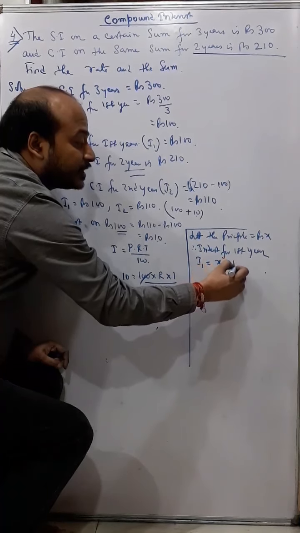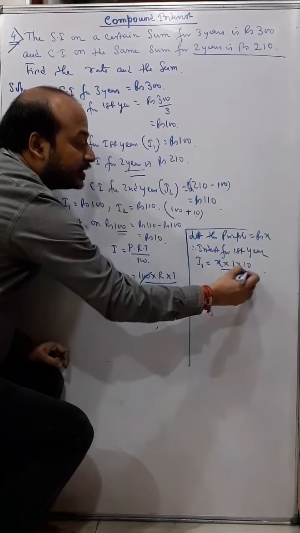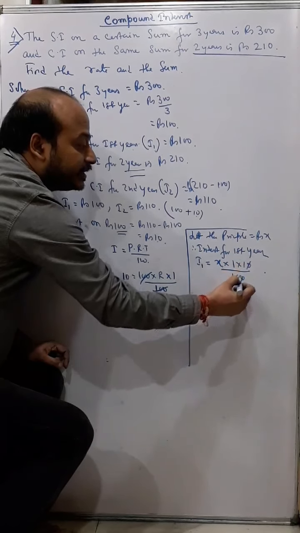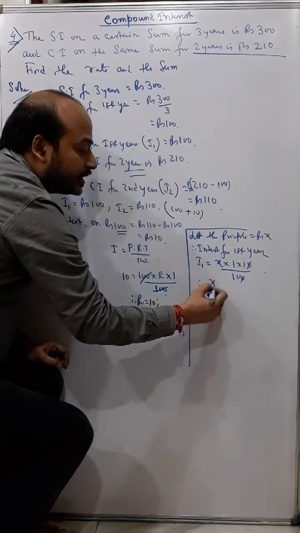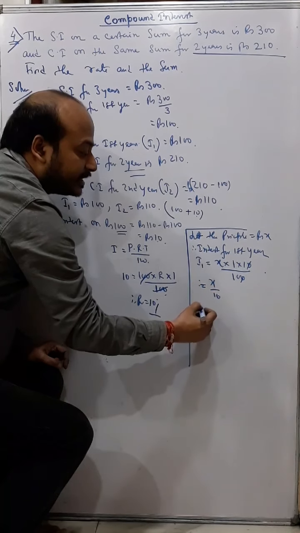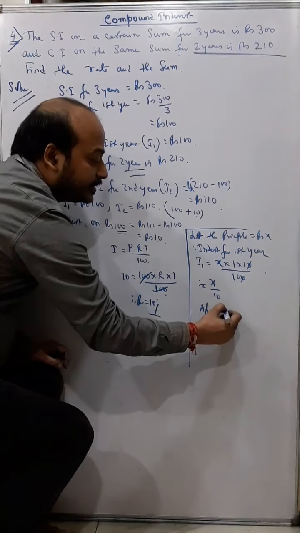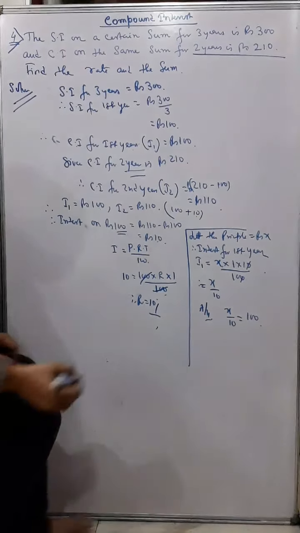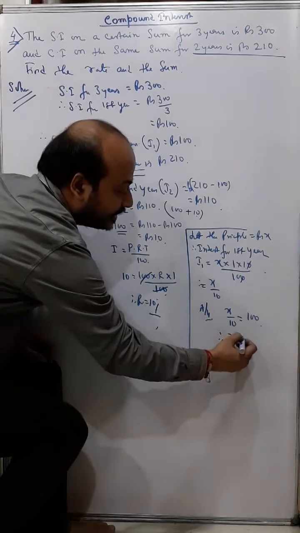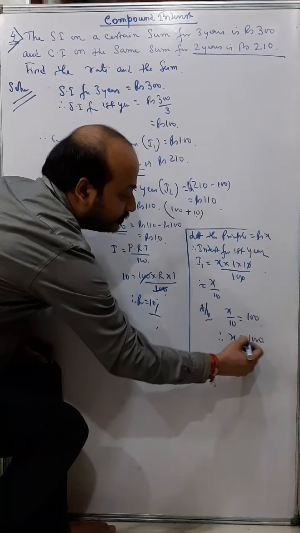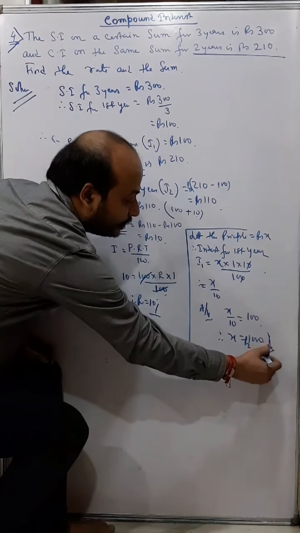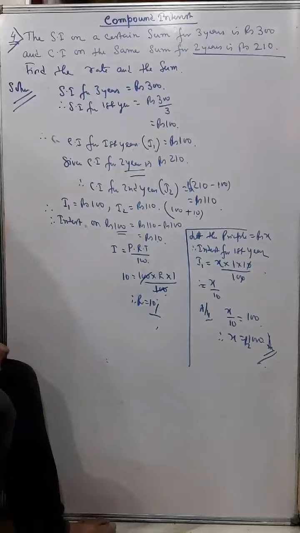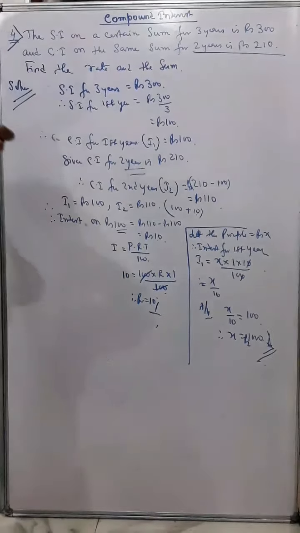Principal into time into rate by 100. So I get X by 10. Now I can say according to the question, this first year interest we already know it is given, X by 10 is equal to 100, and therefore finally I got X is equal to 1000 rupees. Understand? Okay, that's all.